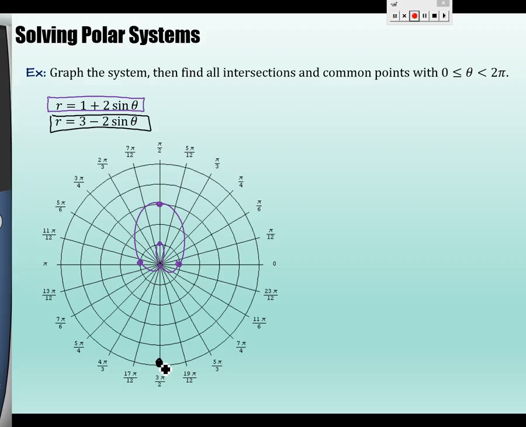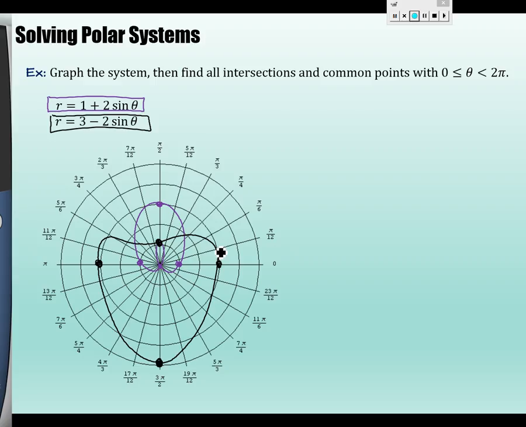And again, we get 1, 2, 3 in these 2 directions. And how about in the pi over 2 direction? Do we get an inner loop on this one? No. So something like that. It's not perfect, but it's good enough for what we're doing here. It should be perfectly symmetric. So something like that.